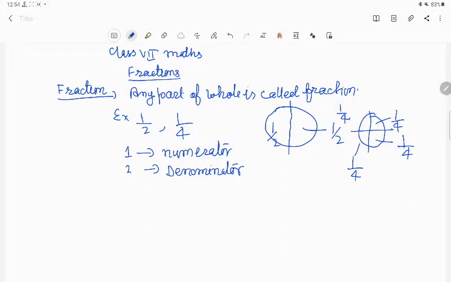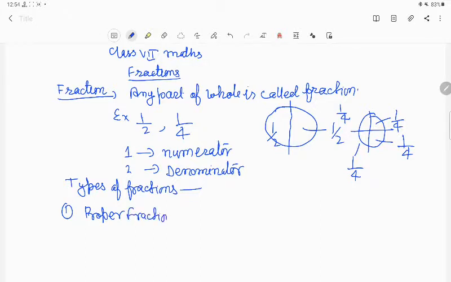Types of fractions. First is proper fraction.